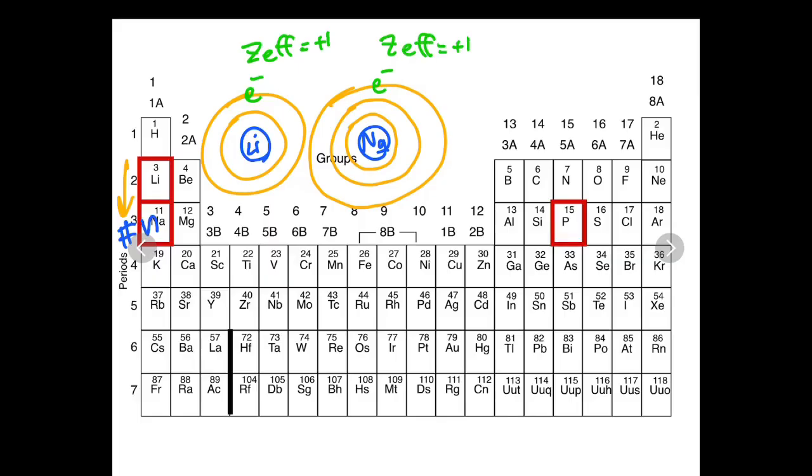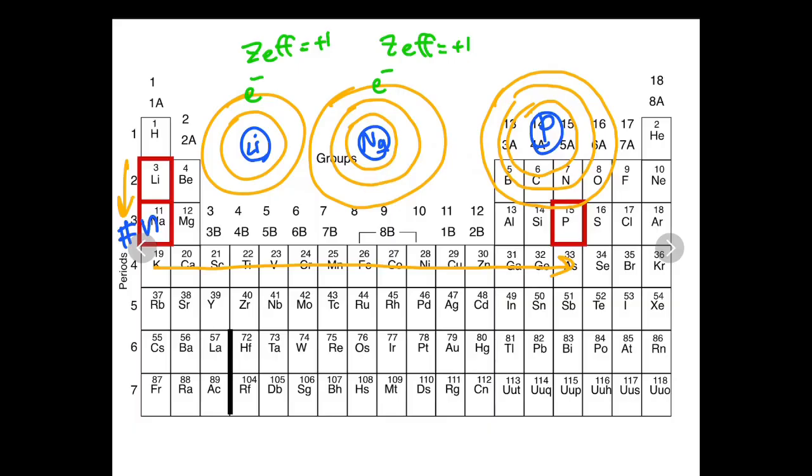Now, when you talk about the trend of the periodic table from left to right, I'm going to compare sodium and phosphorus. If you draw the energy levels, there are 3 energy levels also. That means between these two, you cannot use the number of shells to tell which one is bigger or smaller.